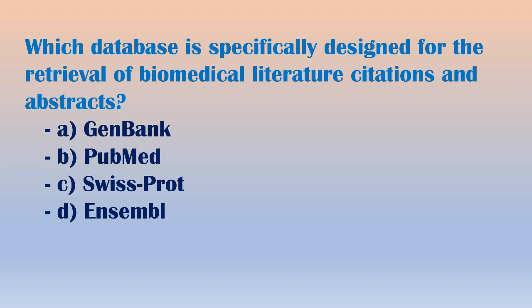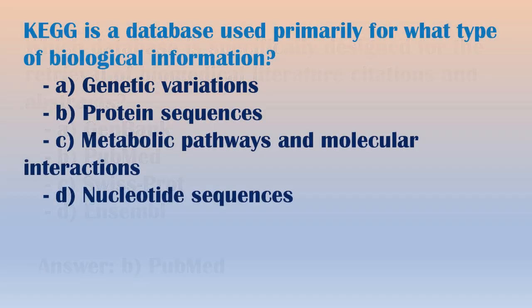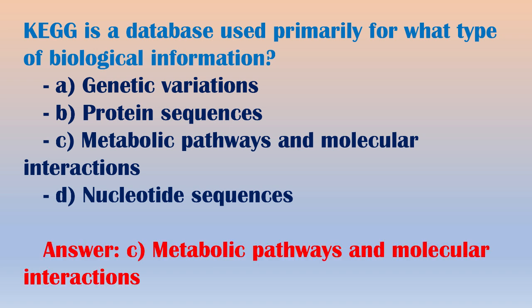Give your answer. Next one, KEGG. It is a database used primarily for what type of biological information? Genetic variations, protein sequences, metabolic pathways and molecular interactions, or nucleotide sequences? What is your answer? Tell me now. Friends, the answer is, see on the screen.